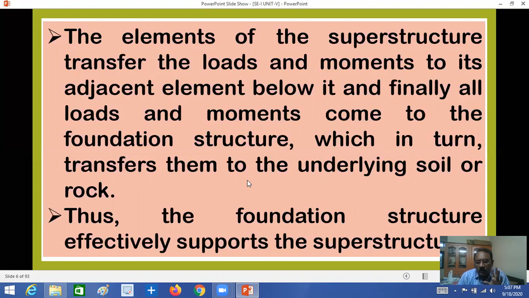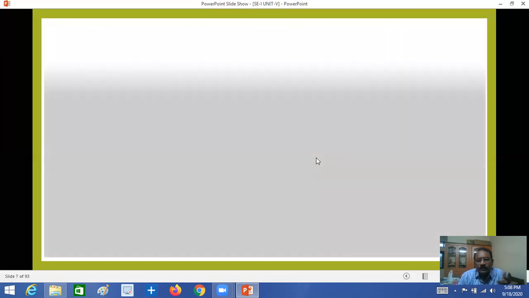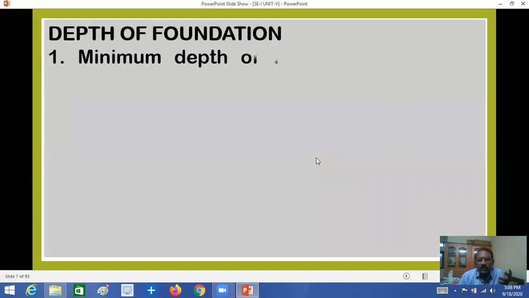So nobody should compromise on the foundation structure and the design of footing. These are very, very important elements for a structure. Without proper foundation and footings, the total structure will collapse. So this is a very important structure in designs.